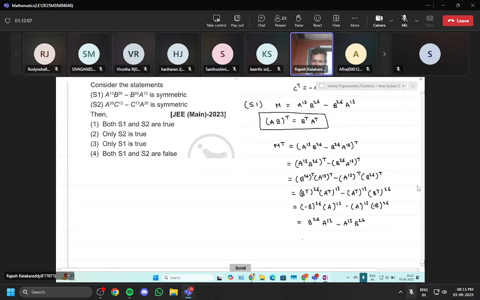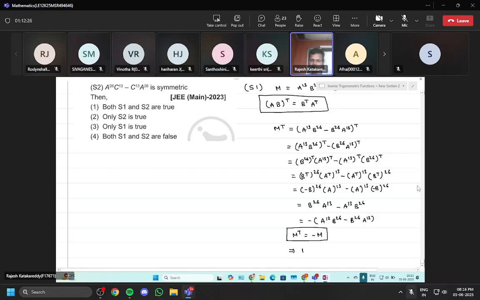Let us take minus 1 common. This will be A power 13 B power 26 minus B power 26 A power 13. So I got here M transpose is equal to minus M, which implies that M is skew symmetric. So statement 1 is false.